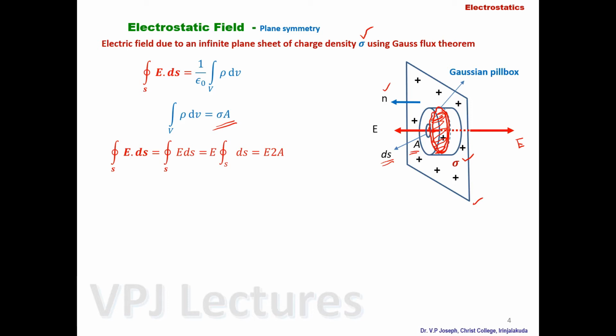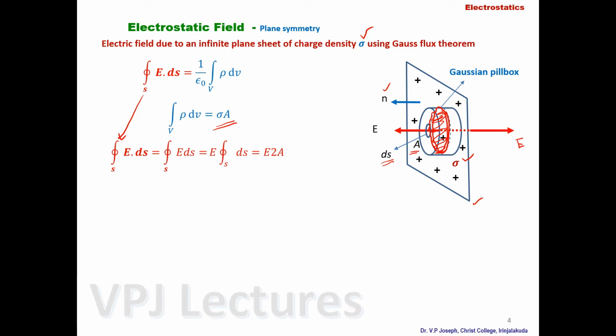On the left hand side, there are three sections of the Gaussian surface: two flat surfaces with the area A and one curved surface. The value of E dot ds is applicable for the flat faces only, and for the curved face E and ds are in perpendicular direction.